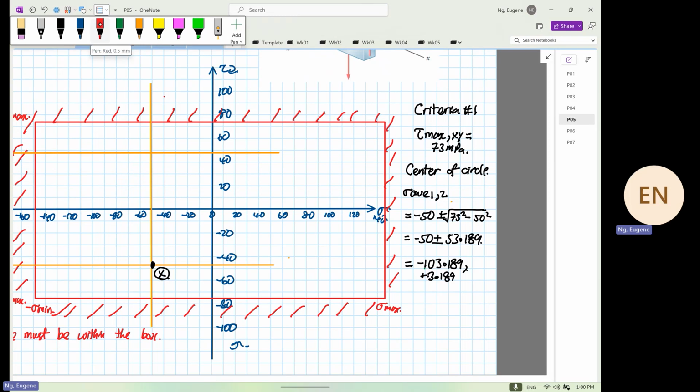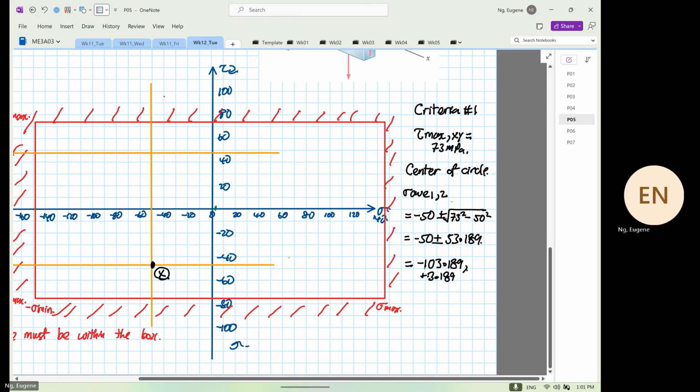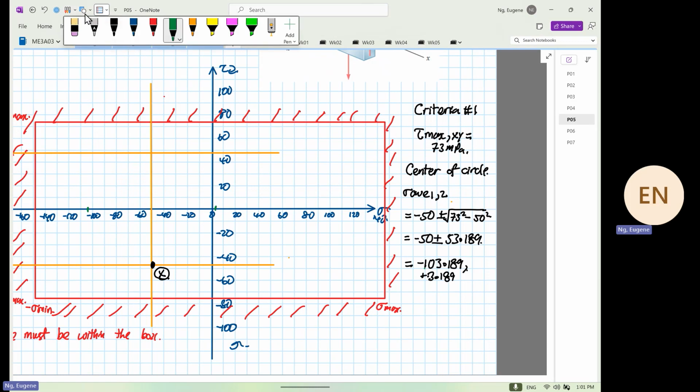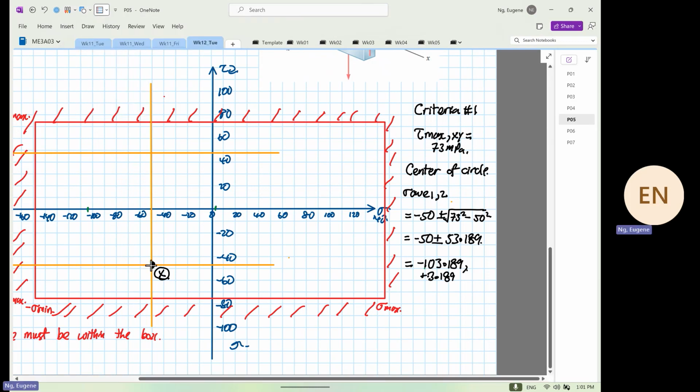Okay, so 3.189 is somewhere around here. And the other one will intercept at 103.189, somewhere around there. So I'm going to draw the two lines. Okay. And I'm going to show you what the formula means.